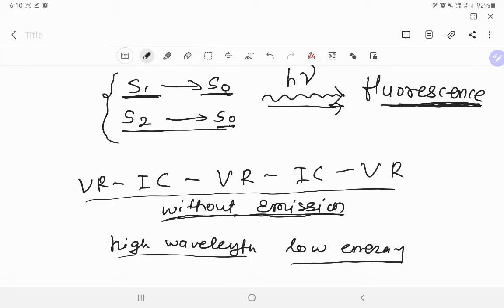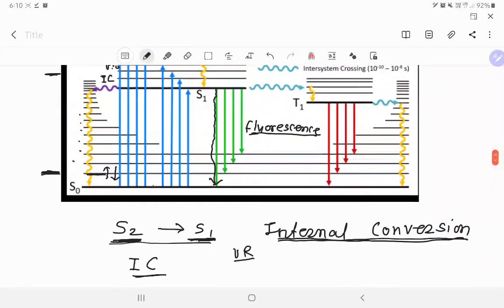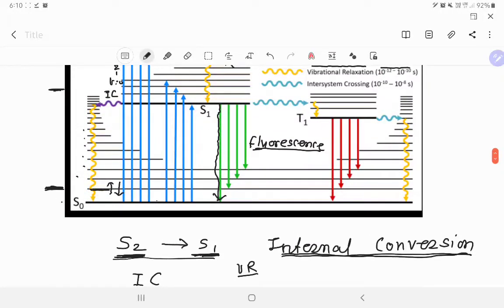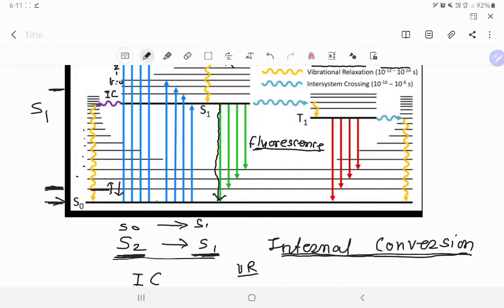Why does fluorescence have a lower energy than the excitation energy? See here. If the molecule goes from the singlet ground state to an excited singlet state, suppose S0 to S1, this transition is called absorption.